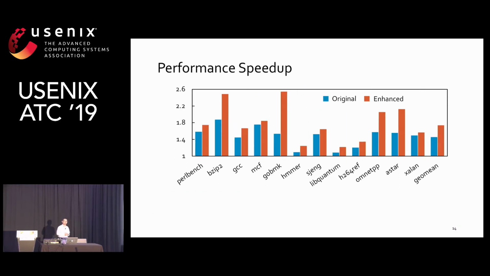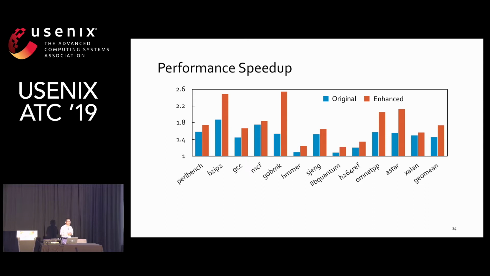Next, we want to know the performance impact of the proposed enhanced learning-based approach. This figure shows the performance speedup achieved by using the translation rules learned by the original learning approach and the enhanced learning approach.